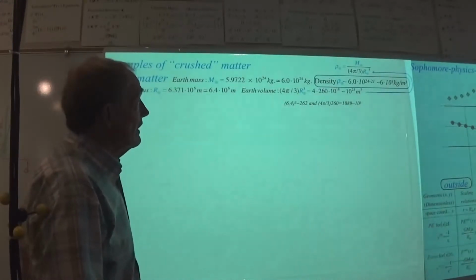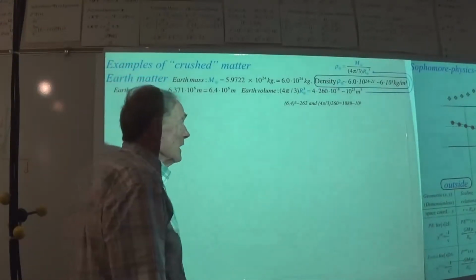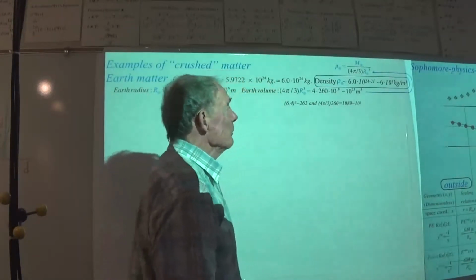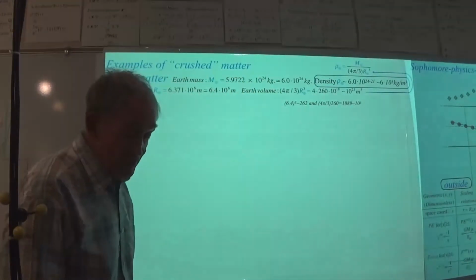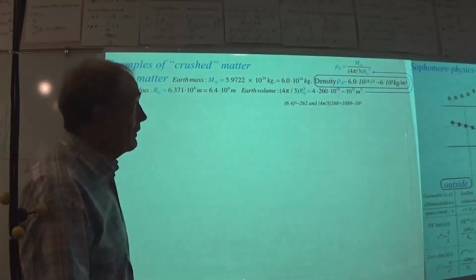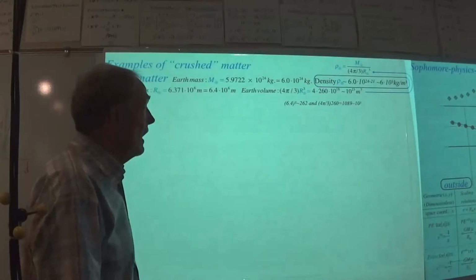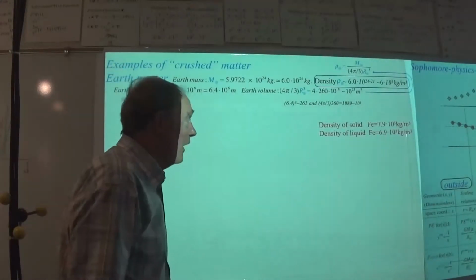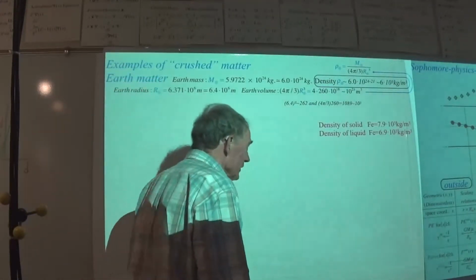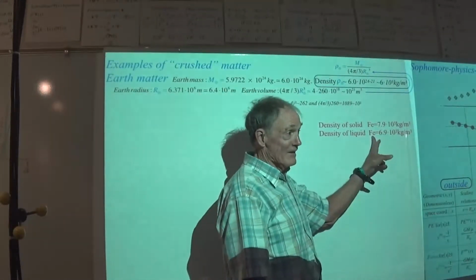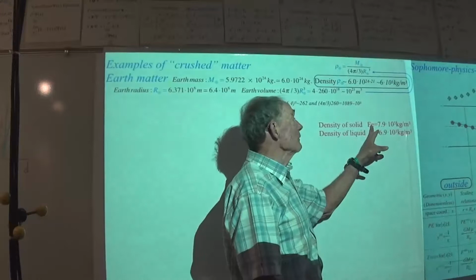So we're talking about a density of around 6 times 10 to the 3rd kilograms per cubic meter. That's for the sophomore physics Earth, assuming it was constant density throughout, which it is not. But it isn't too far from the density of liquid iron, which is quite different from solid iron.